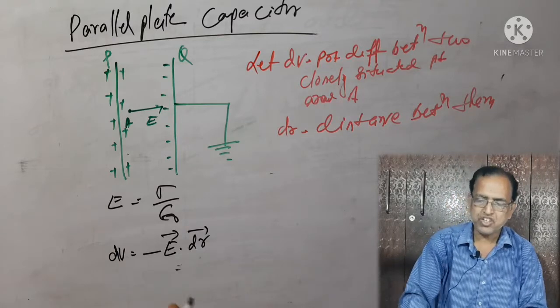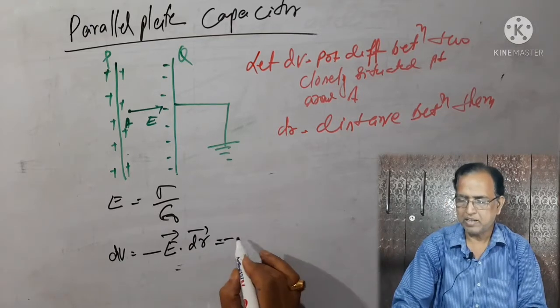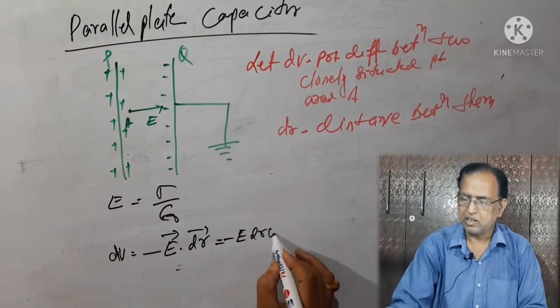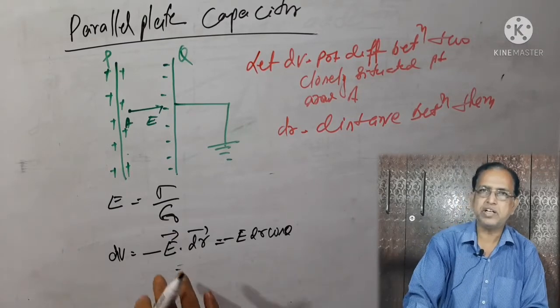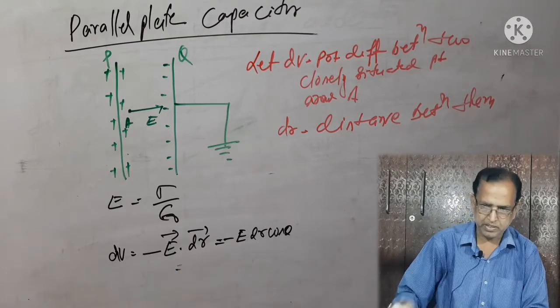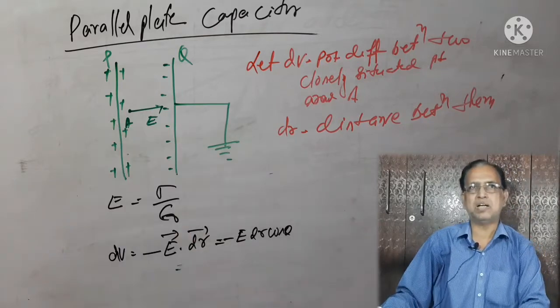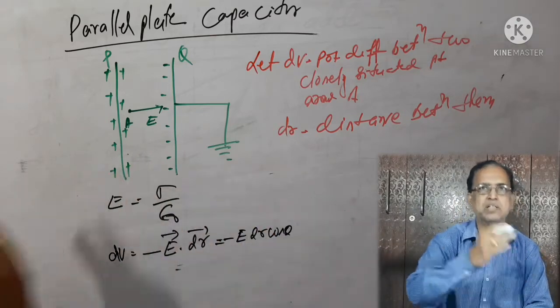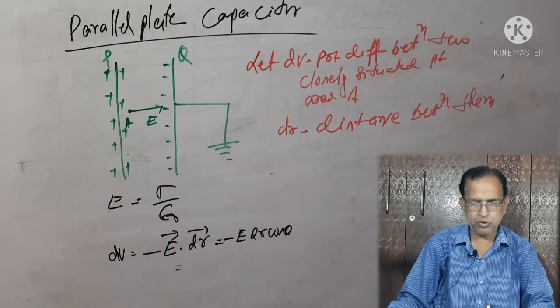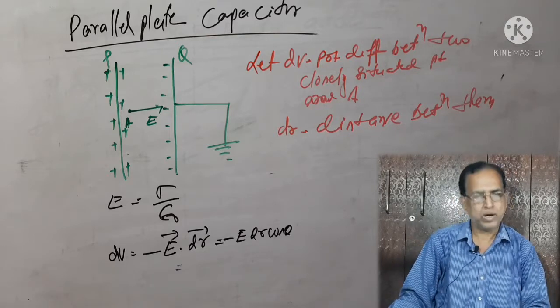Okay. So, what is E dot dr? That is equal to minus E dr cos theta. What is theta? Theta is the angle between E and dr. As the unit positive charge is away from Q, away from the negative charge, the angle between E and dr is 180 degrees.